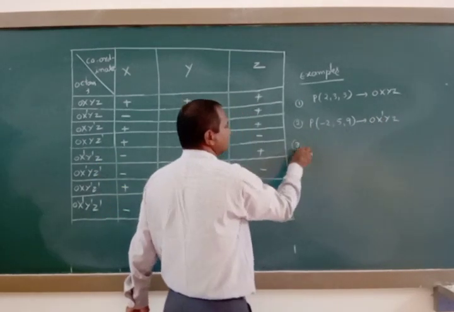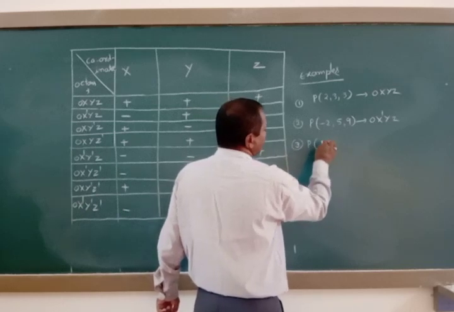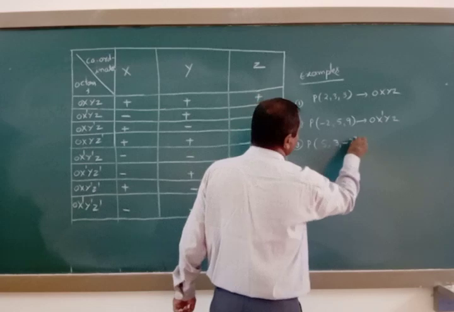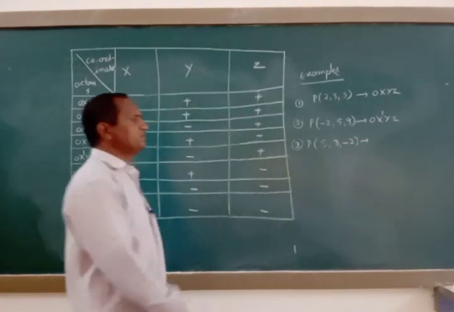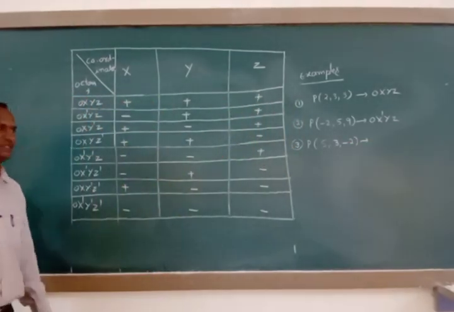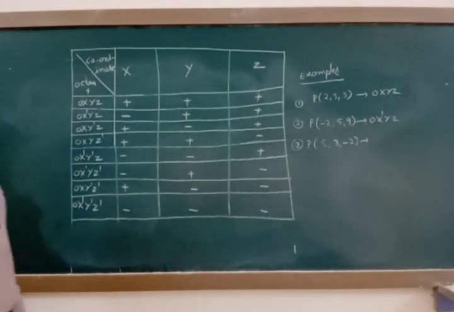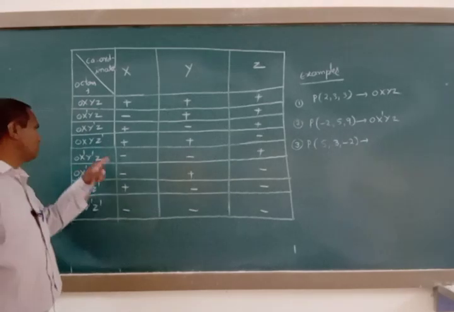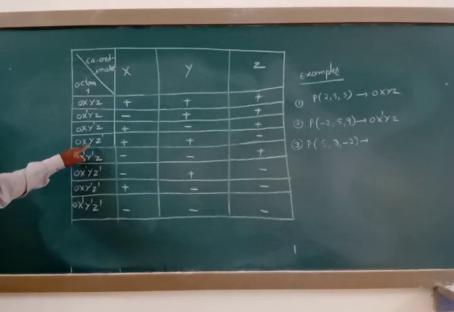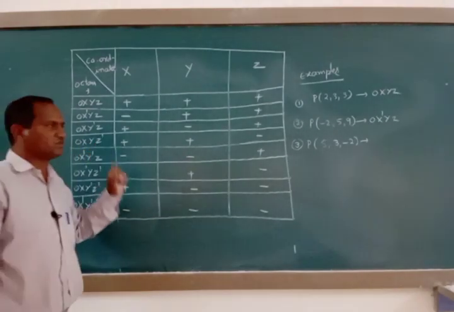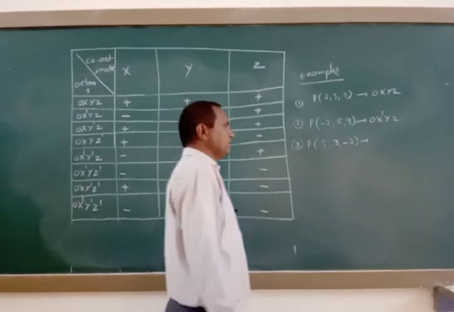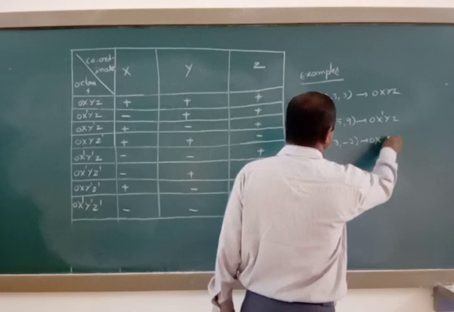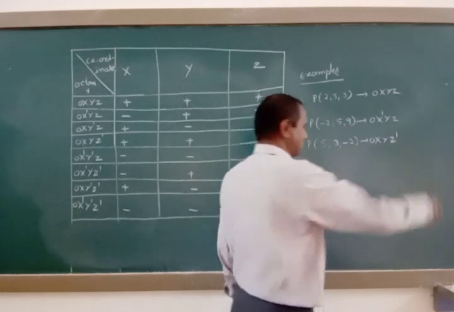Third example, P(5, 3, -2). Here the z coordinate is negative and the remaining x and y are positive. That means only z is negative, so it is the Oxyz' octant. The point P(5, 3, -2) belongs to the Oxyz' octant.